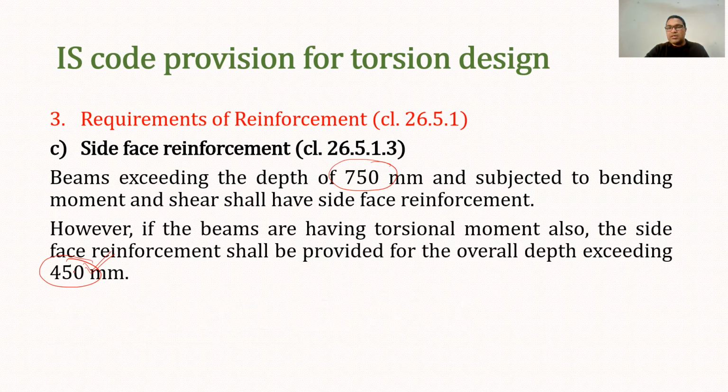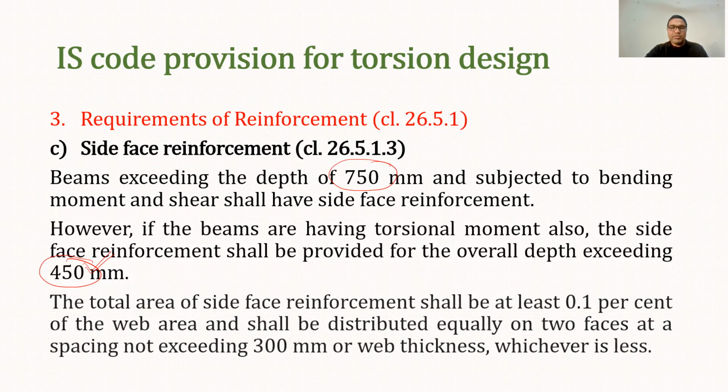Now, how much area of reinforcement will there be in the form of side face reinforcement? That is also recommended by the IS code. As per this clause, the total area of side face reinforcement shall be at least 0.1% of the web area. Web area is basically the cross-sectional area.